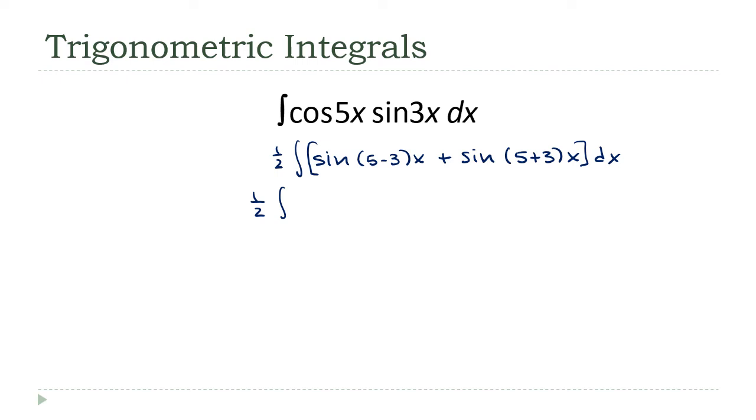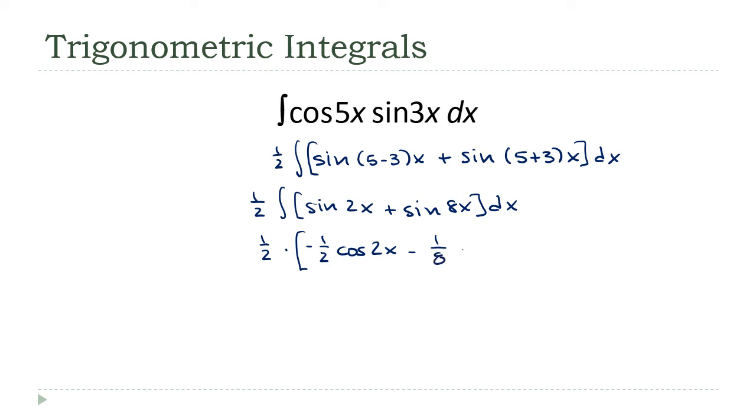So 1/2 integral sine of 2x plus sine of 8x dx, which now we can actually do the integrals. 1/2 times, this will be minus 1/2 cosine 2x minus 1/8 cosine 8x plus a constant.